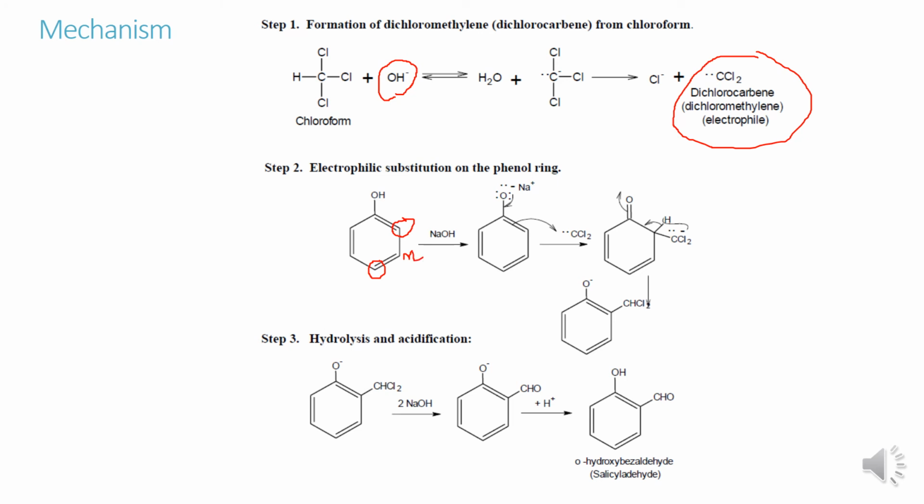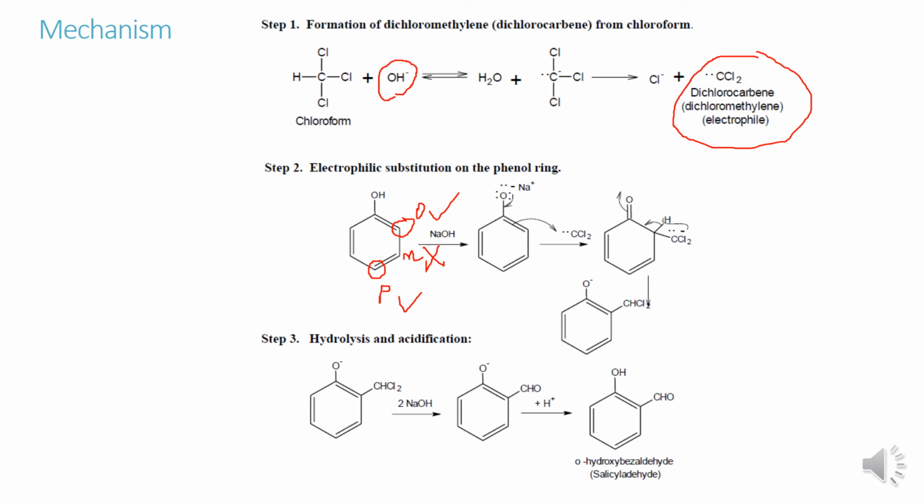This is the meta position, this is ortho, this is para. Electrophiles normally approach towards ortho or para. So in this formylation reaction, ortho substituted compounds are major, and more amount of ortho substituted compounds are obtained rather than para.